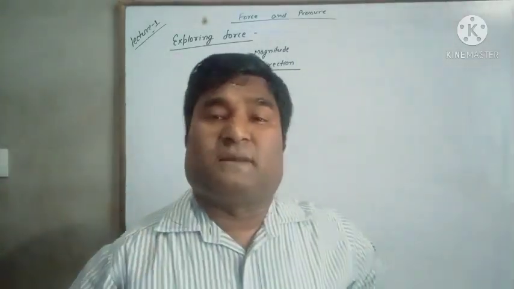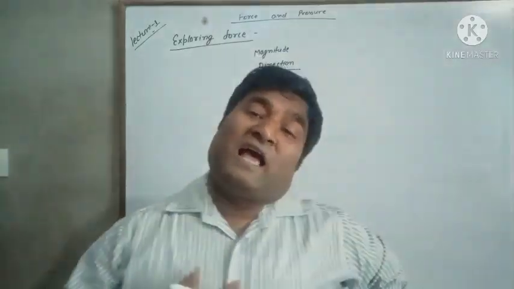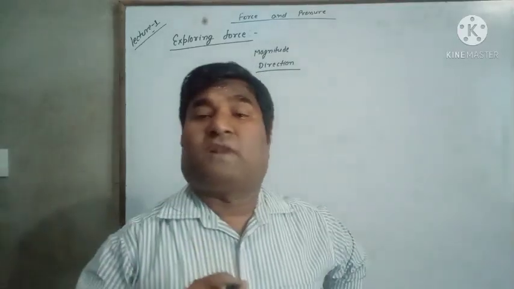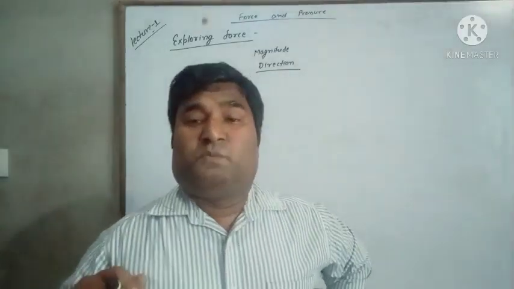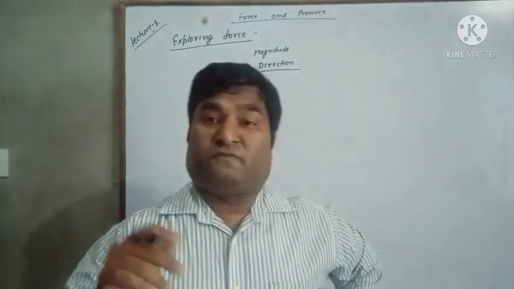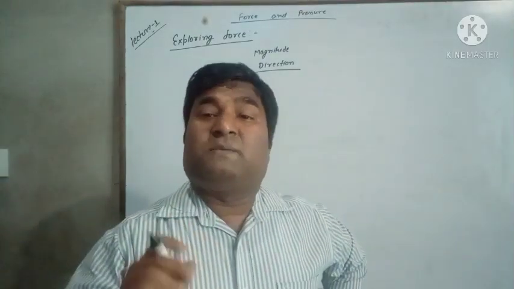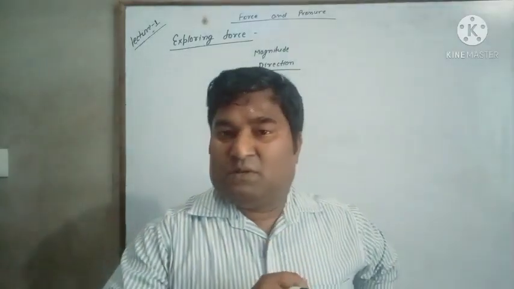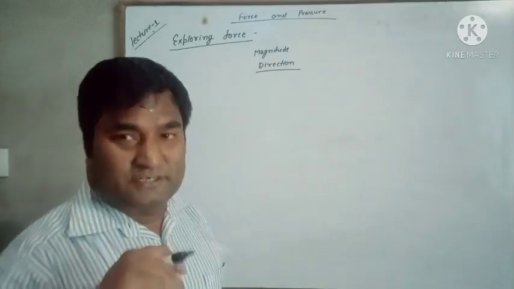Amount of force that is applied is called magnitude. For example, if I am applying some force and you are applying, you are a small kid, a kid of class 2 and a kid of class 10th, both are applying force. Definitely the magnitude of the force will be more in class 10th and the magnitude of the force in class 2 will be less. Okay, so that is magnitude and second is direction.